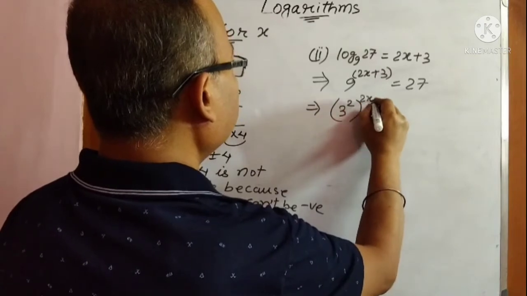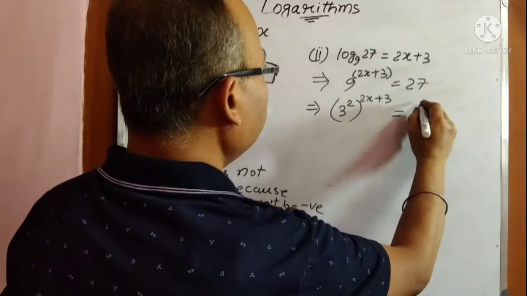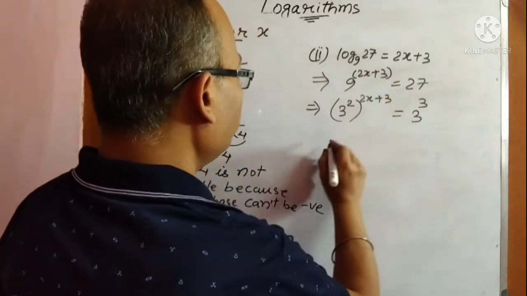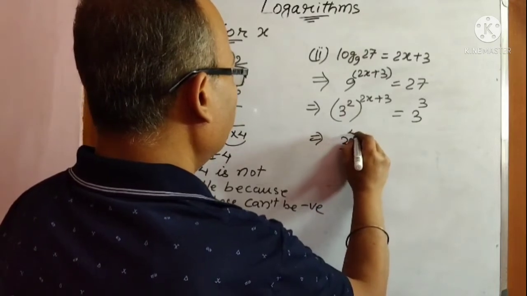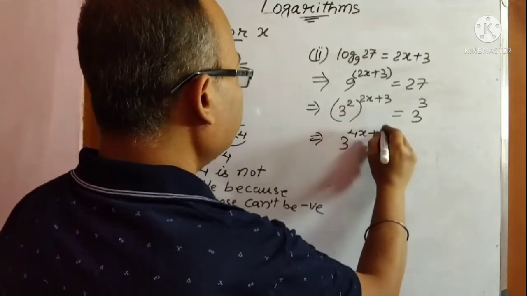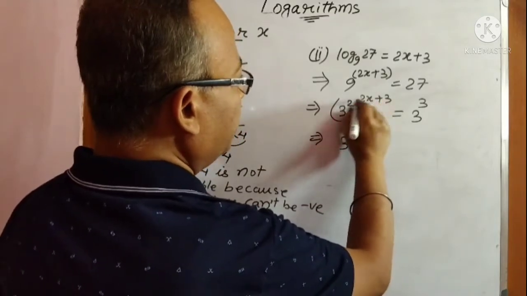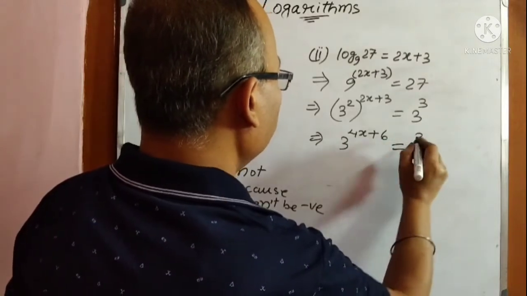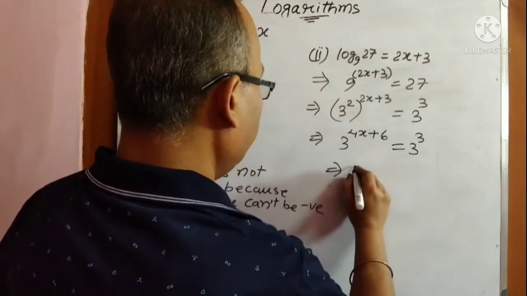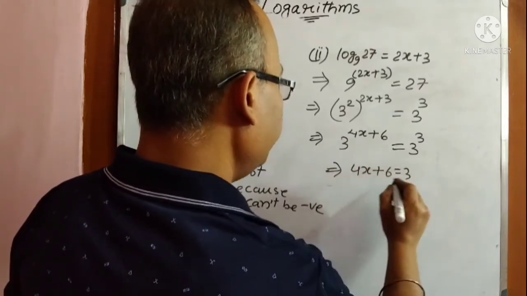So this is 2x plus 3 and 27 you can write 3 to the power cube. Now this you can write 4x plus 6, multiply m to the power n, so it gets multiplied, is equal to 3 to the power 3.